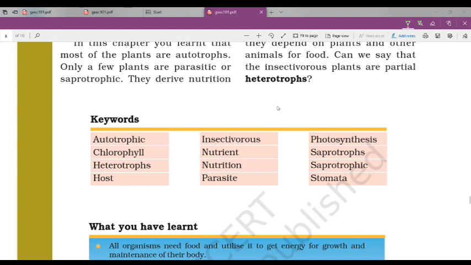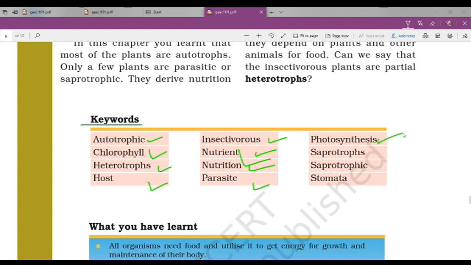I think bacho, you get all the points, and also learn these keywords: autotrophic, chlorophyll, heterotrophs, host, who are called host, insectivorous plants, who are insectivorous, nutrient, what is nutrient, nutrition and the difference between nutrient and nutrition, parasite, who are parasites.